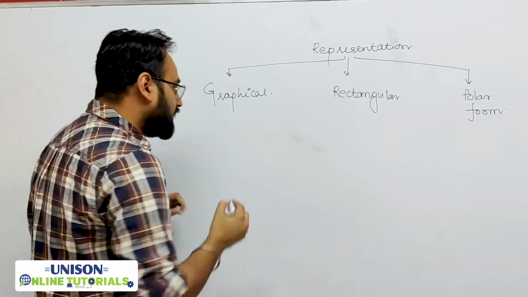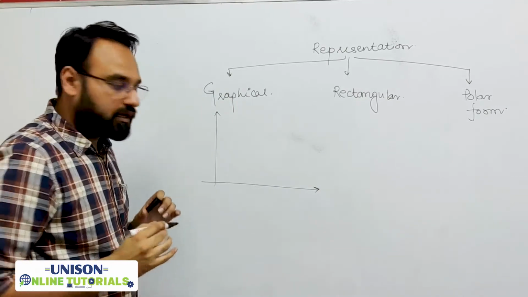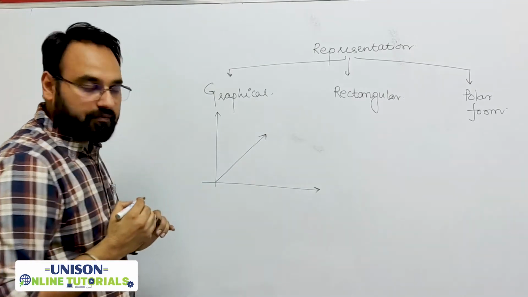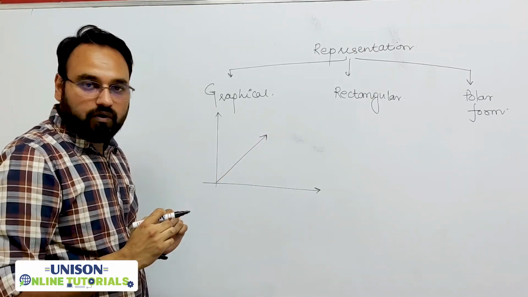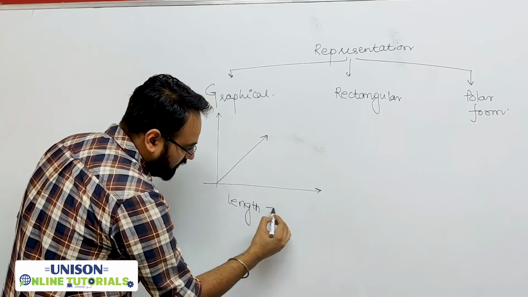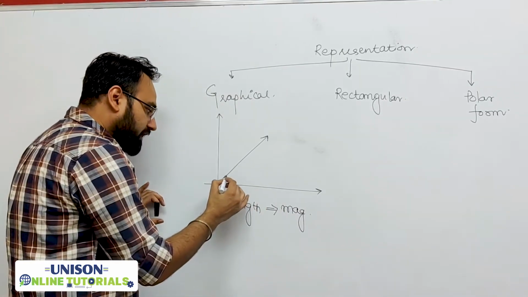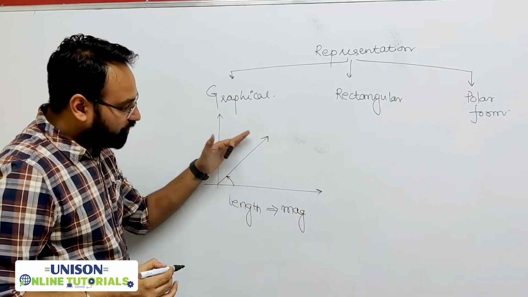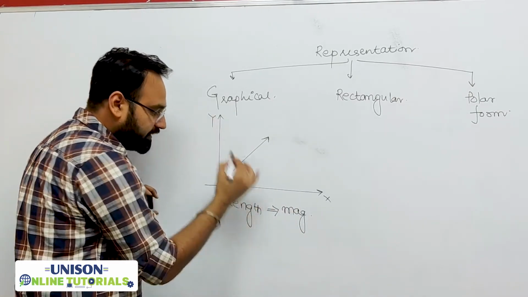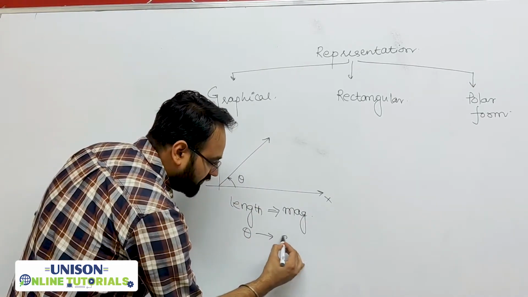Now, graphically, a vector is represented by an arrow like this. The length of the arrow represents the magnitude, and the angle which this vector or this arrow makes with the x-axis in anti-clockwise direction represents the direction, where theta represents the direction.